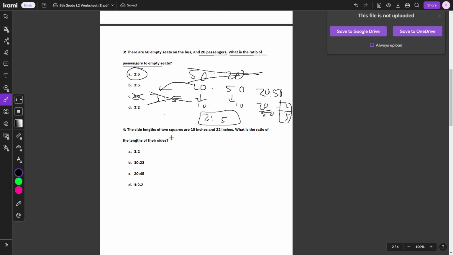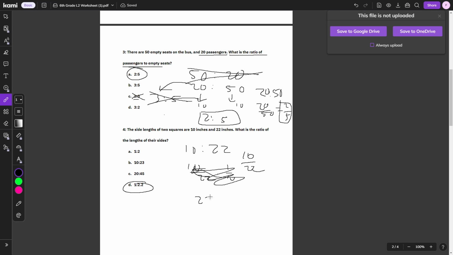The side lengths of two squares are 10 inches and 22 inches. What is the ratio of the lengths of their sides? 10 to 22. Or if you were to divide both sides by 10, 1 to 2.2. 10 to 22. Multiply this by 1/10. Or no, this is a bad example. 10 divided by 22.